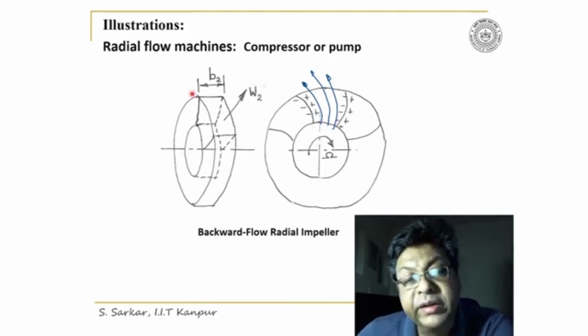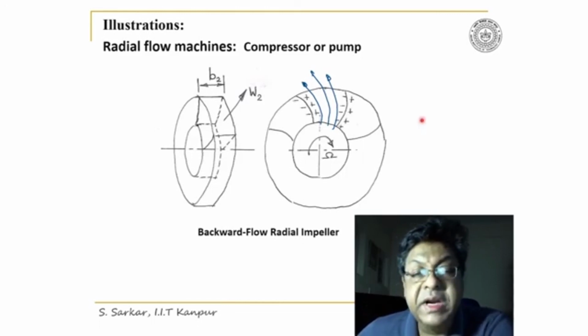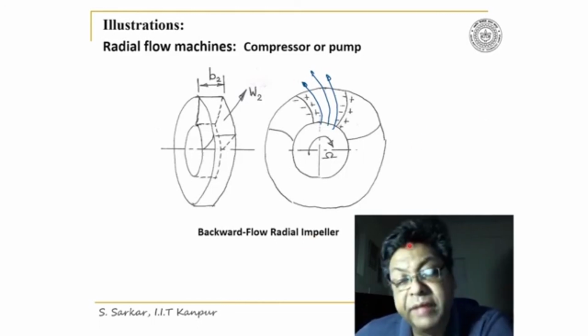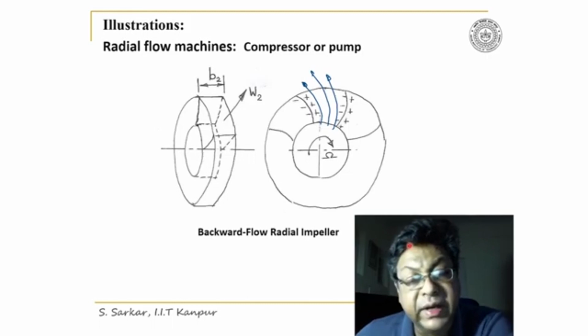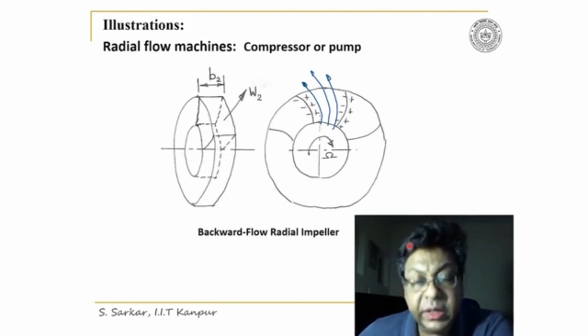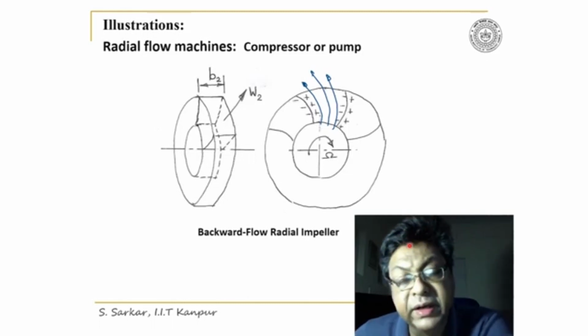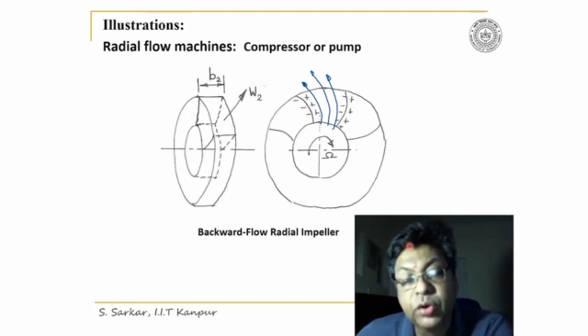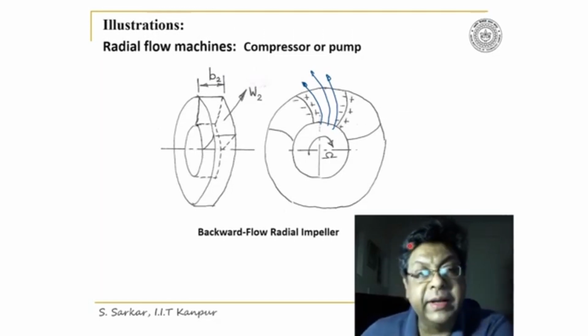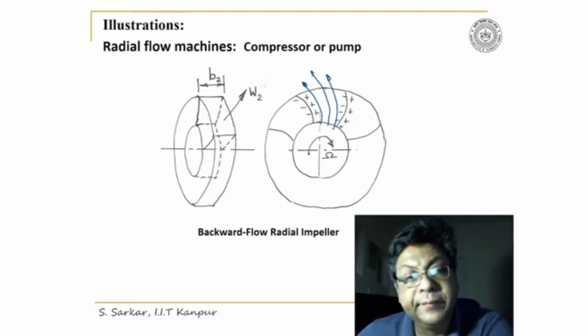Now B2 is the width of the impeller, and D2 is the outer diameter, D1 would be the inner diameter, right? With these geometrical parameters, let's go to the velocity triangle on the next page.